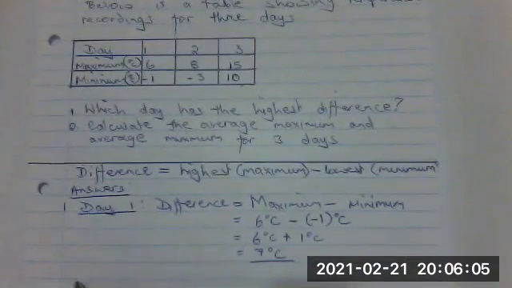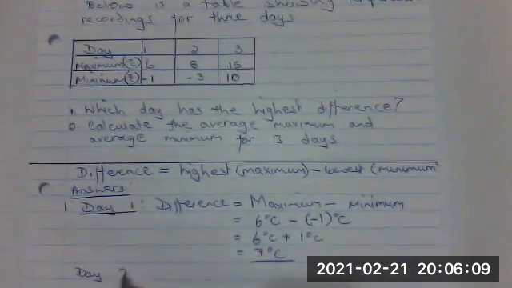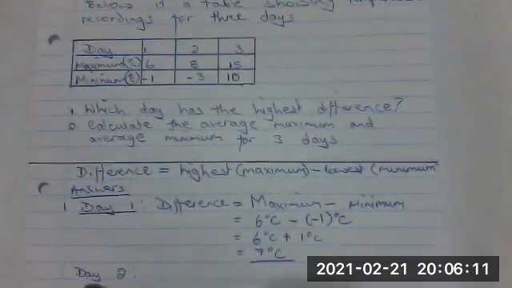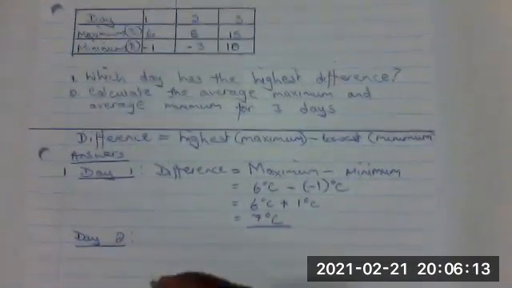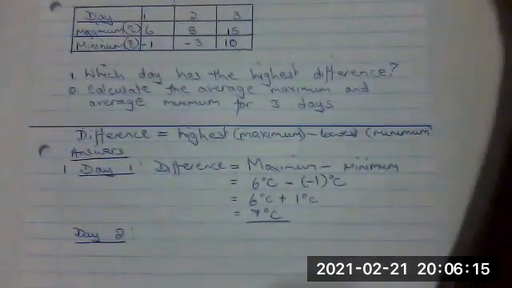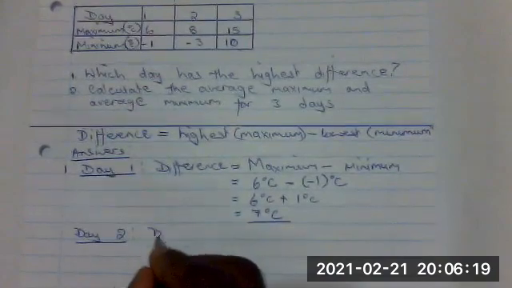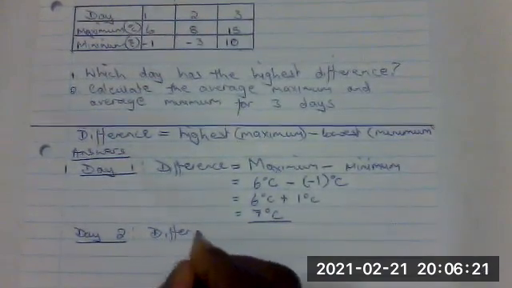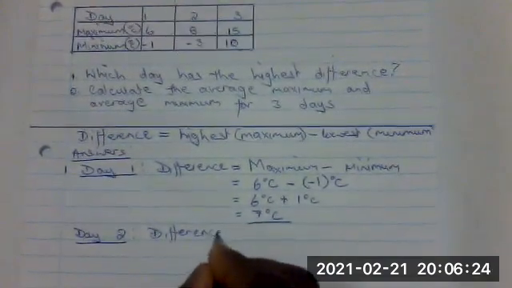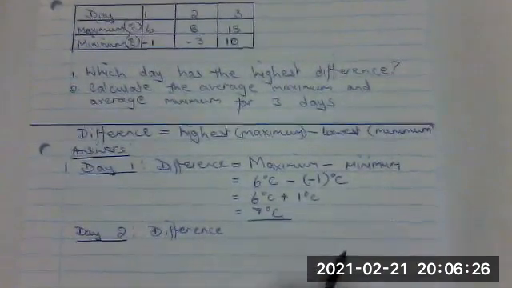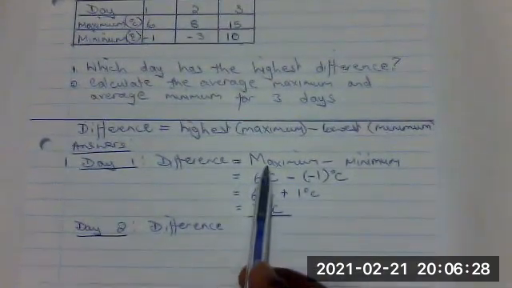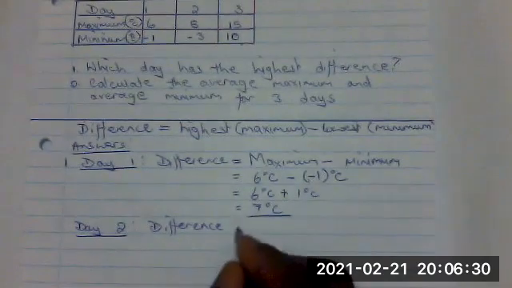Then we move on to day 2. What is the difference there? Again, by definition, maximum minus minimum.